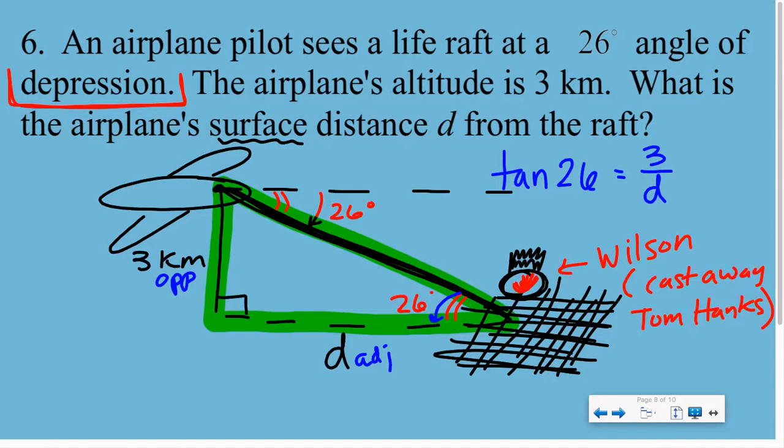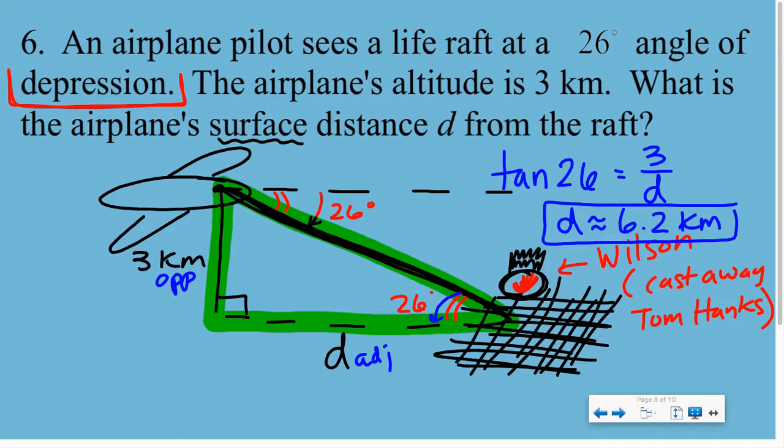How would I put this in the calculator to find D? Yeah, 3 over tan 26. Kaden, did you already do 3 divided by tan 26? Can you round it to the nearest tenth for me too, please? Thanks. 6.2. Good. So it's about 6.2 kilometers away on the surface.